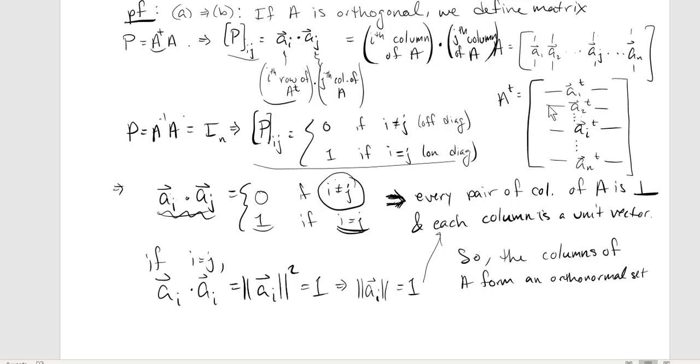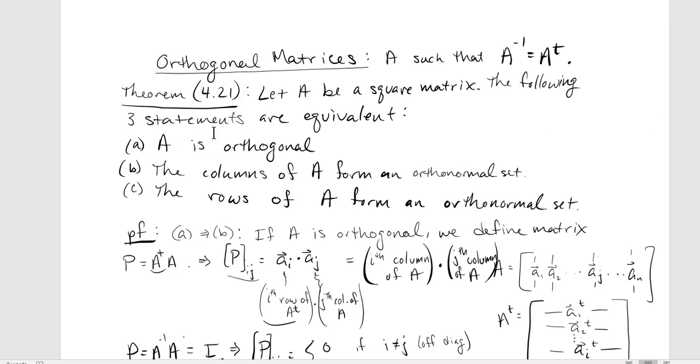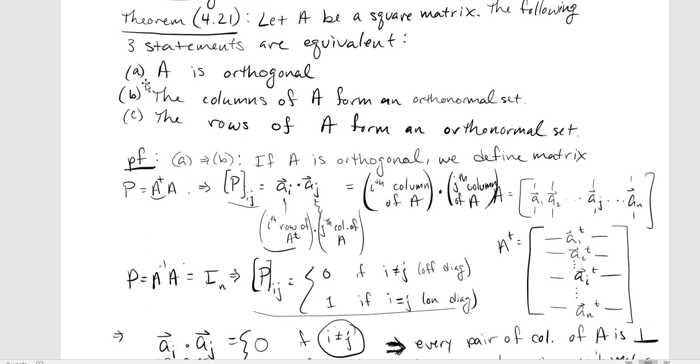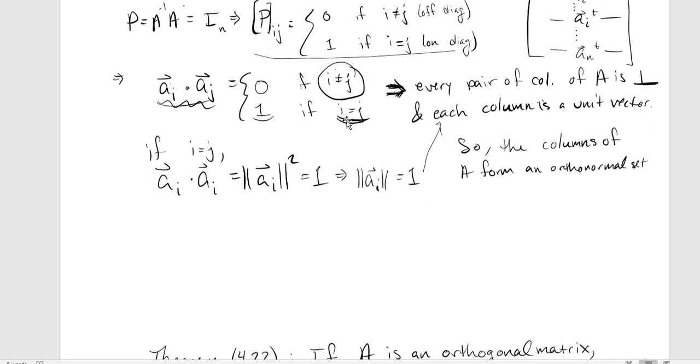So we got that first implication: if A is an orthogonal matrix, then the columns form an orthonormal set. You can prove that part C follows from part A, which is saying that the rows of A form an orthonormal set if A is orthogonal.